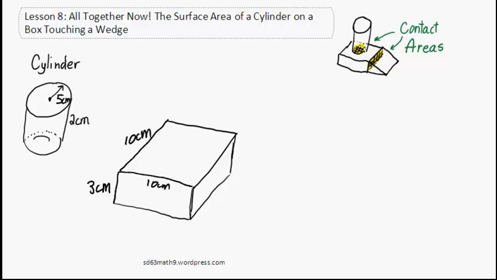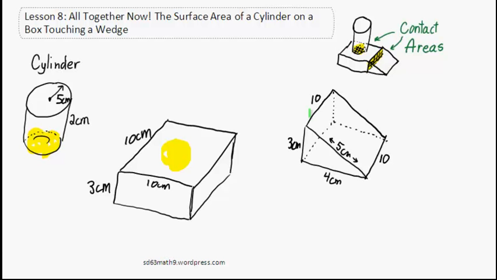So this region here, this area on the cylinder, will land right there. Also, I'm going to attach a wedge. This wedge has a height of 3 centimeters, and the back side is 10 centimeters, so it will match this exactly. Just to save time, I'm going to start by having the surface area of all of these objects.